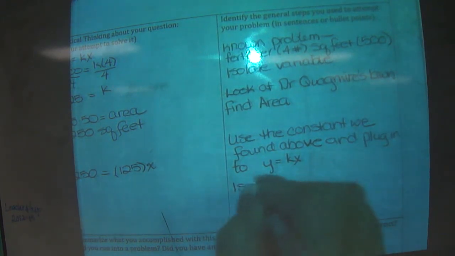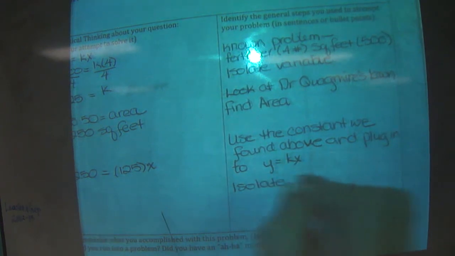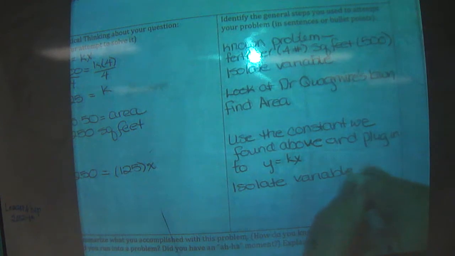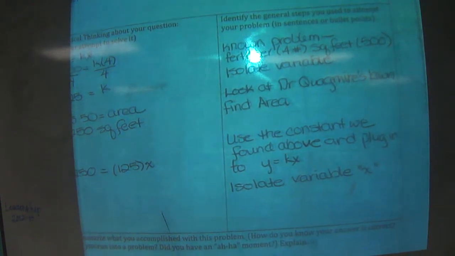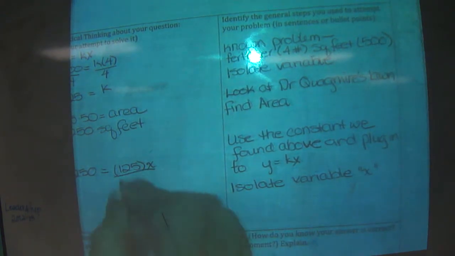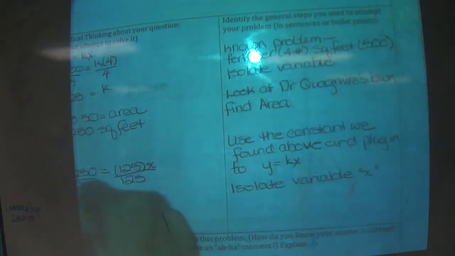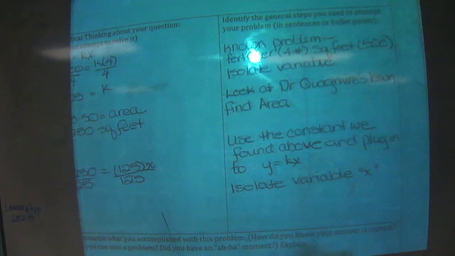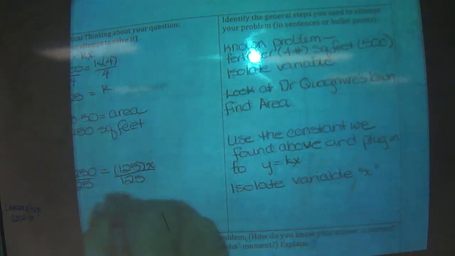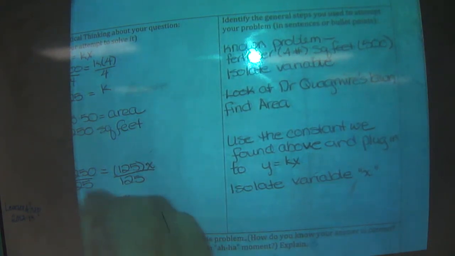Then we're going to isolate the variable X. Okay, and how do we do that? You divide both sides by 25, or 125? Divide both sides by 125. Excellent. So X is equal to 10.